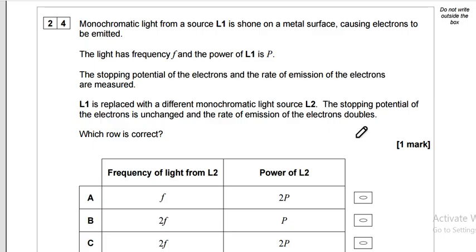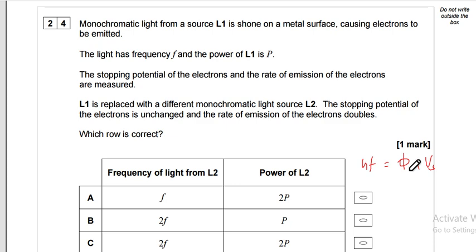So we have that hf equals phi plus eVs. This is the work function. This is the stopping potential needed to overcome the kinetic energy of the electrons to stop them. So it represents the kinetic energy with which the electrons are released after hf enables them to overcome phi.